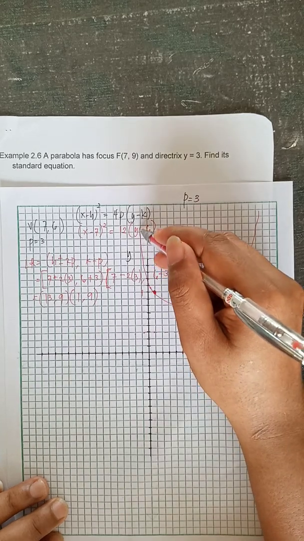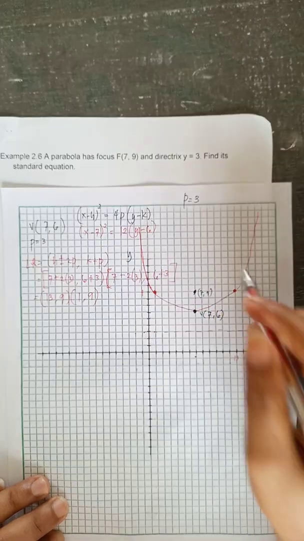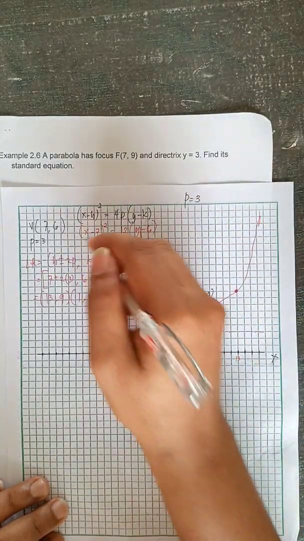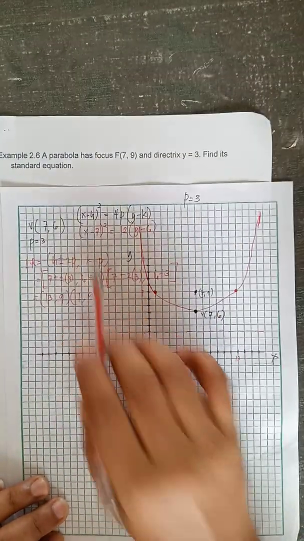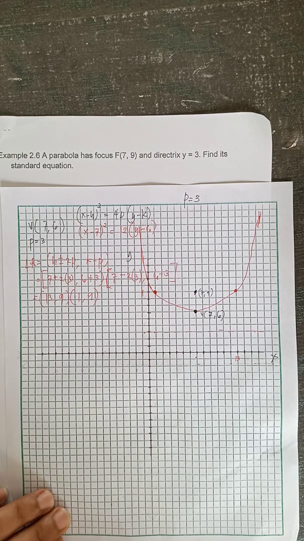So this is the graph of our parabola. That will be the graph of a parabola having the equation x minus 7 squared equals 12 times y minus 6.